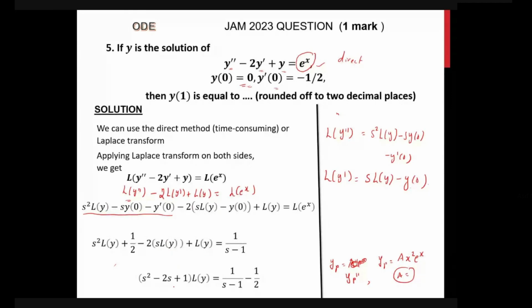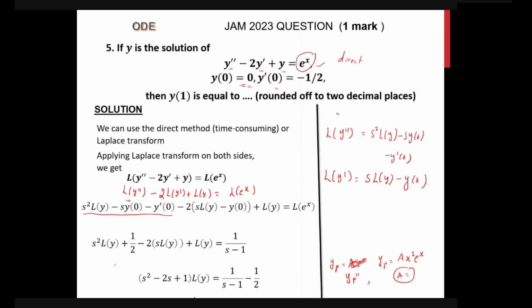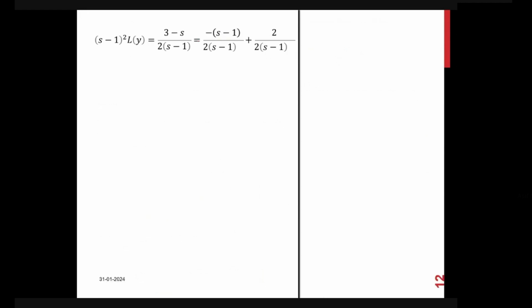Now you can take L of y as common, and I'm taking the minus 1 by 2 to the other side. So s square minus 2s plus 1 is s minus 1 all square, right? And the right side can be written as 1 by s minus 1 minus 1 by 2, which equals 3 minus s divided by 2 into s minus 1.